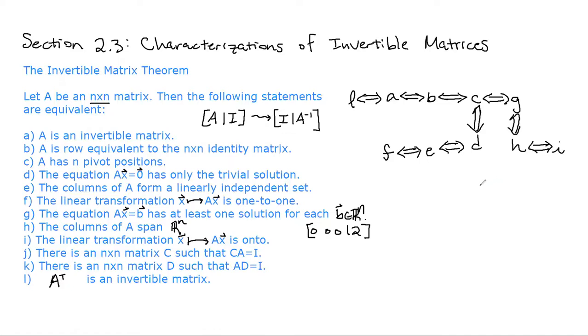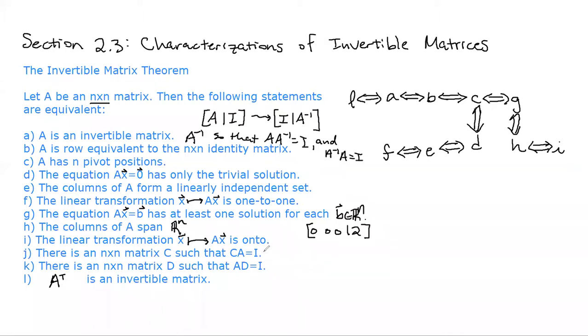J and K are a little bit more nuanced, but not much, so let's give it a shot. If A is an invertible matrix, remember what that means. That means that there exists a matrix, let's call it A inverse, so that A times A inverse is the identity, and A inverse times A is the identity.